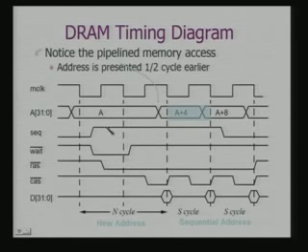So, when it knows that there is a sequential access, the wait need not be low. The RAS remains valid all through, and you are asserting CAS with different column addresses, so you are getting the data from consecutive locations.